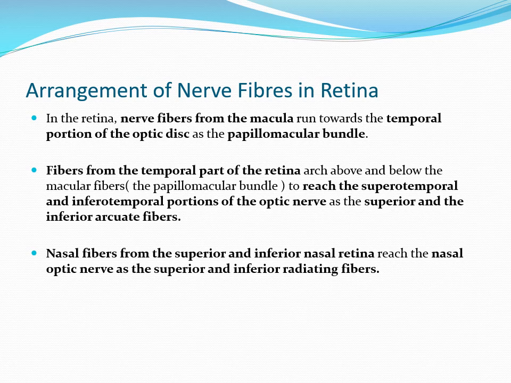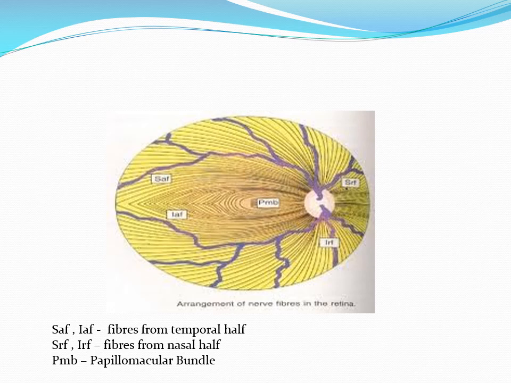Nasal fibers from the superior and inferior nasal retina reach the nasal optic nerve as the superior and inferior radiating fibers. This arrangement of the nerve fibers is very important to know the field defects of optic nerve diseases as well as glaucoma, because in glaucoma also the same fibers are involved. This diagram shows the papillomacular bundle and the fibers coming from the superotemporal, inferotemporal, superior nasal and inferior nasal parts of the retina.